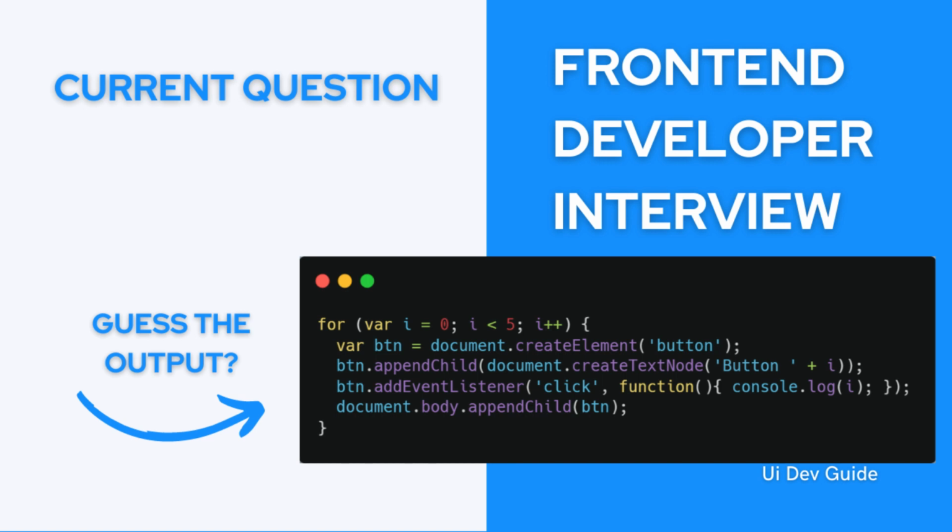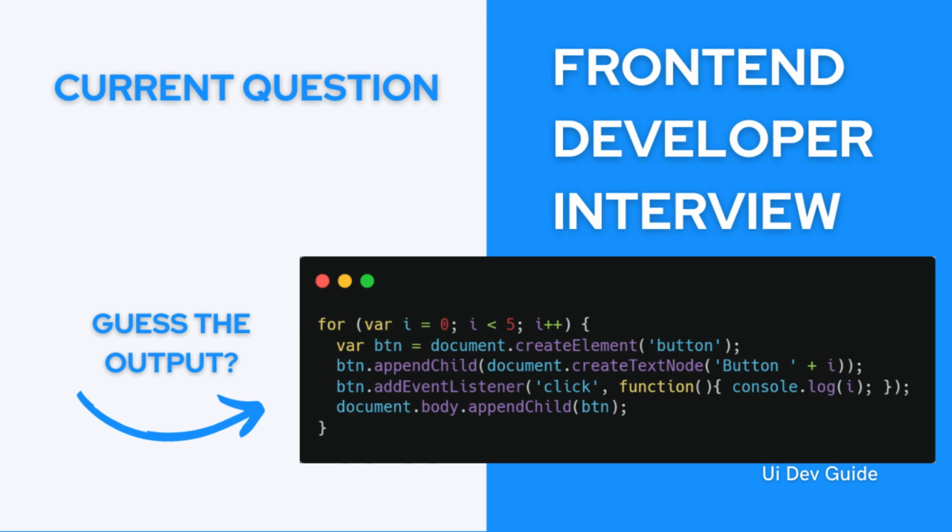So we are iterating while I is less than 5, till 4. We are creating a button and a node. For the button, we created a DOM element with whatever I is coming, so button space 0, space 1.